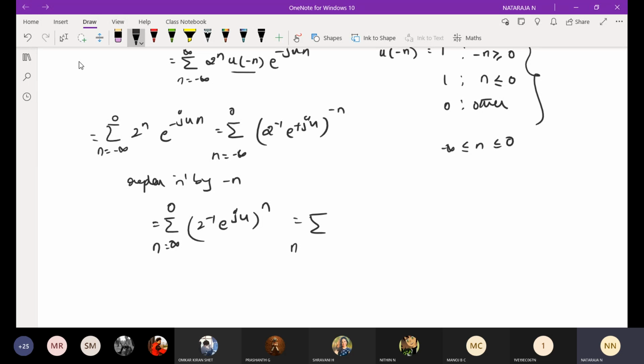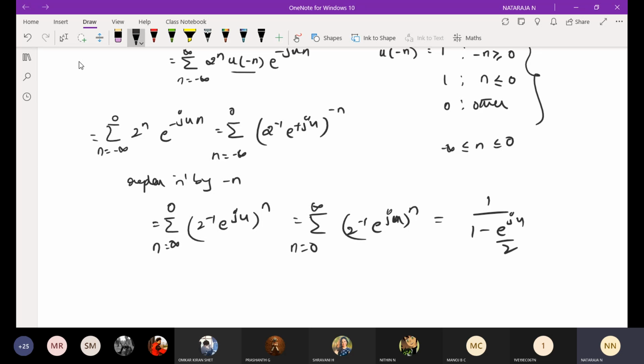The sum from n equals 0 to infinity of 2 inverse e power j omega, whole to the power of n. This is in the form of a power n, so we can write 1 by 1 minus a, where a is e power j omega by 2, since we have 2 inverse.